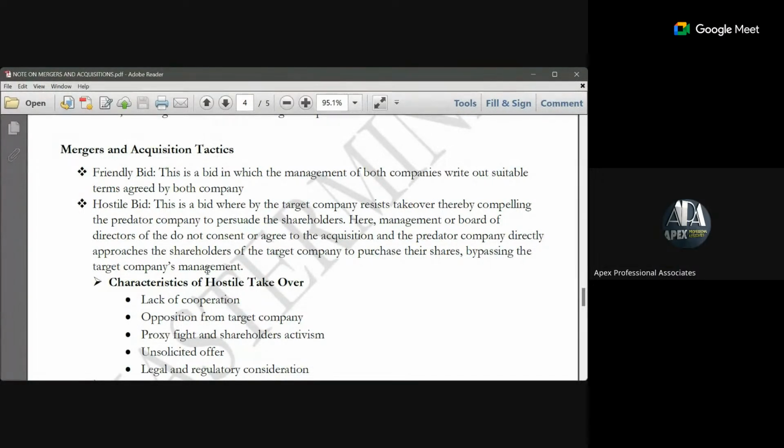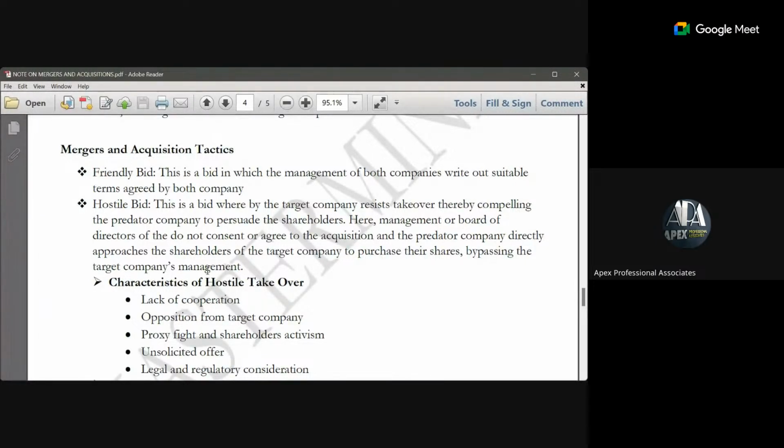So, having understood this, I further explain that the management or board of directors of the company do not consent or agree to the acquisition, and the predator company directly approaches the shareholders of the target company. Just like I explained earlier, we have separated the shareholders from the management or the board of directors. Most times the board of directors of the target company do not give their consent.